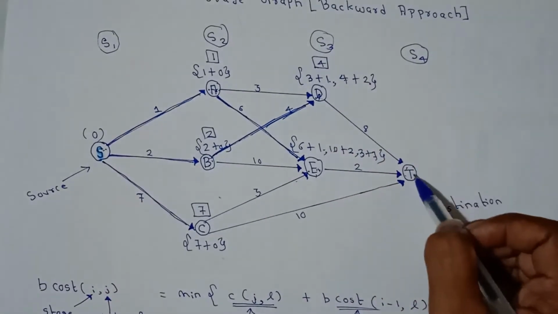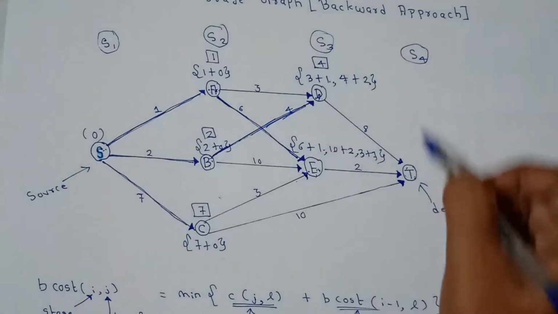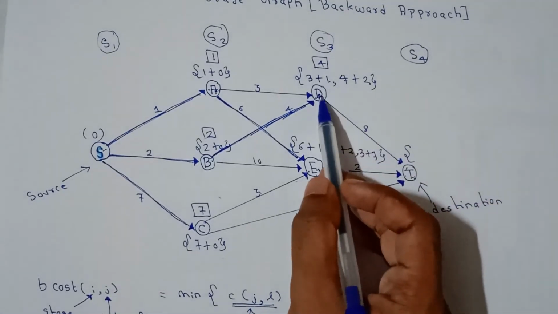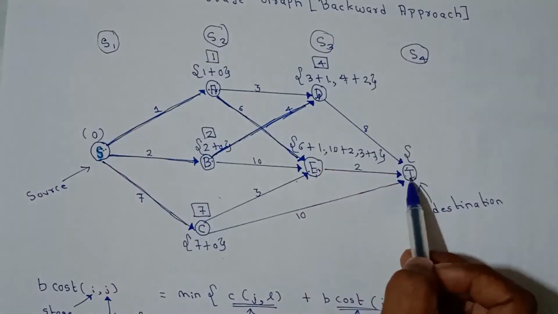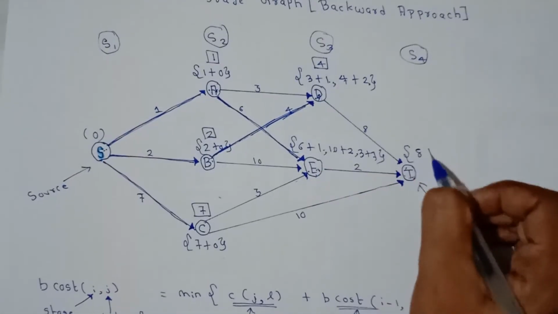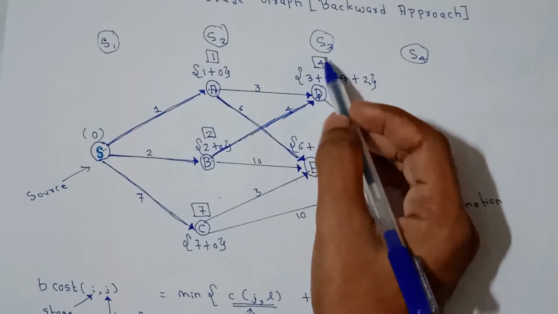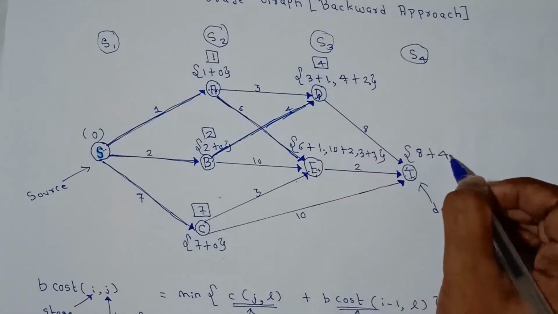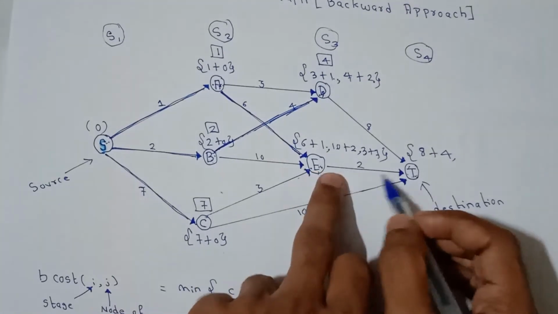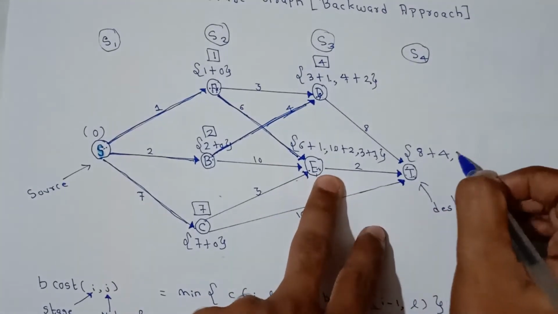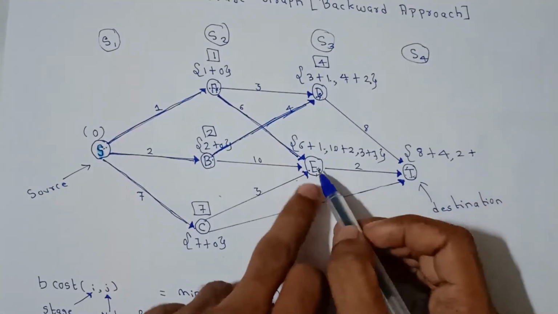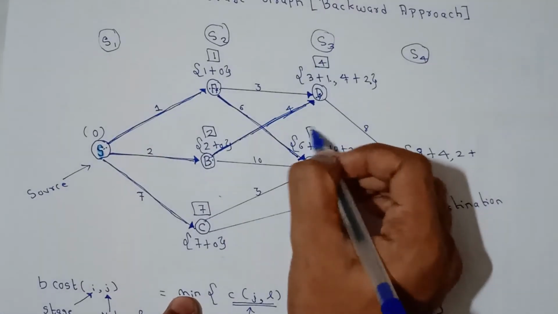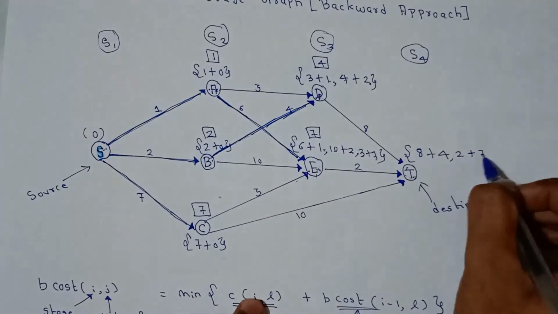So now the cost of the node at stage 4 will be calculated as the cost of the D to T path, that is the edge cost plus the node cost of D, that is 4, comma, the edge cost between E to T, that is 2, plus the cost of node E, that is 6 plus 1 is 7. We have to choose the minimum path, so 2 plus 7.